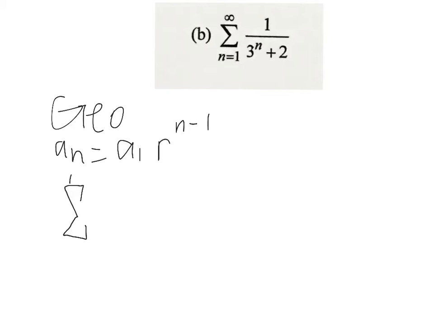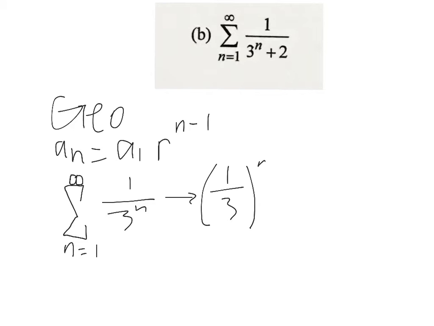you can simply write it as 1 over 3 to the n. You can see how that coincides directly with the formula that we have right here. Let's look at the rules for the geometric series.